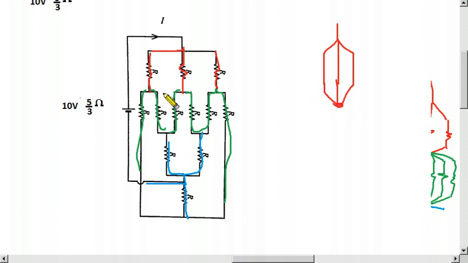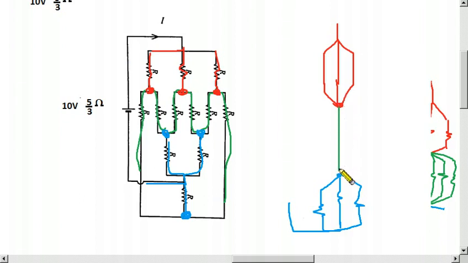You can connect these lines, because they have the same potential, and also you can connect these junctions together because they have the same potential. So in between them there are 6.